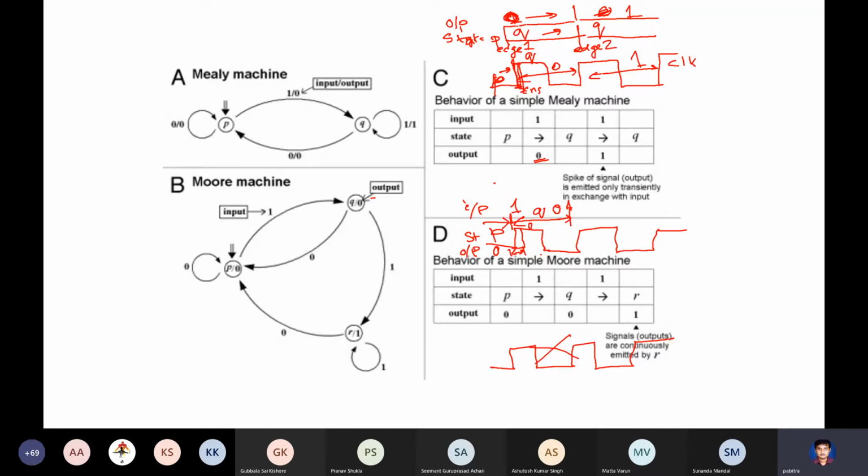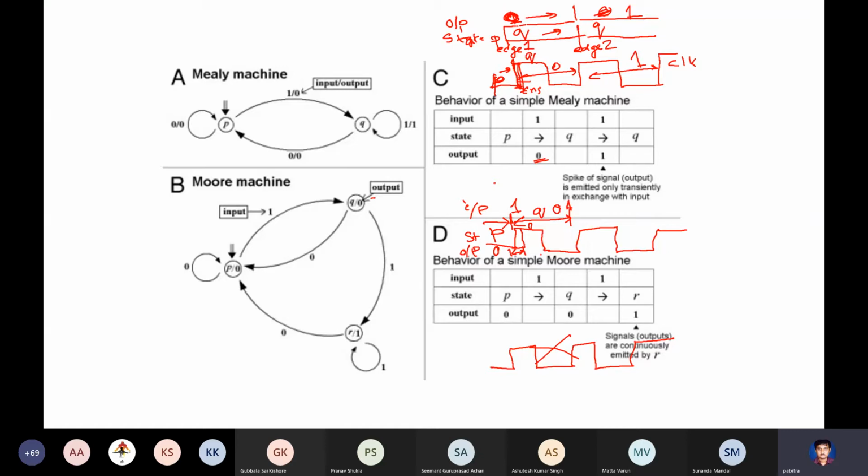But for our analysis purposes, we ignore this delay. We say that the timing diagrams of C and D, that is the Mealy machine and the Moore machine, are almost equivalent.